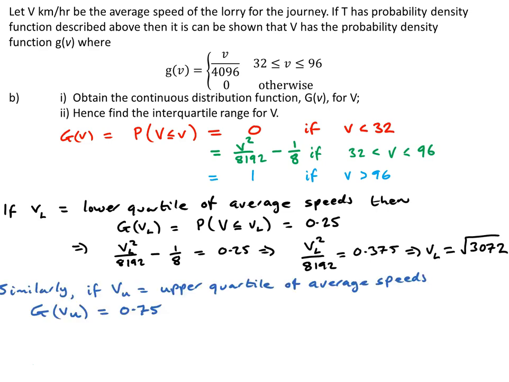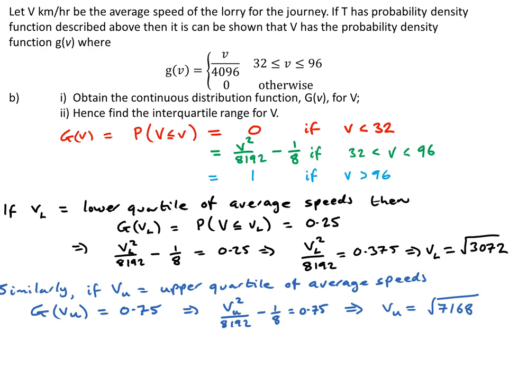Repeating this argument for the upper quartile, we know that the value of the distribution function for the upper quartile must be 0.75. So that gives me the upper quartile squared over 8,192, take away an eighth, must be 0.75, which ultimately gives me the upper quartile being the square root of 7,168.